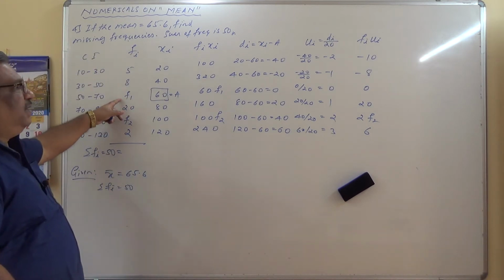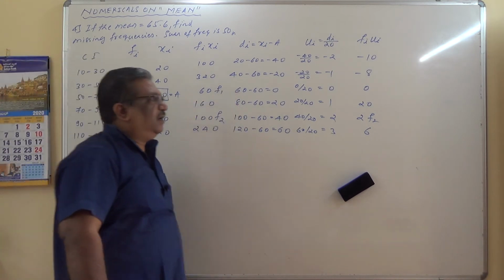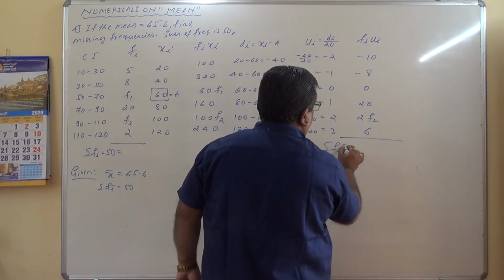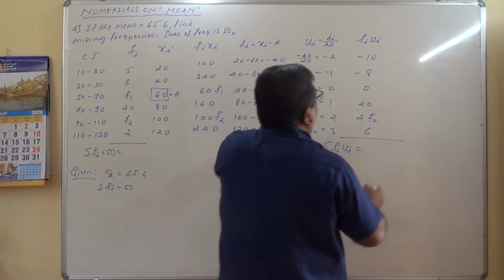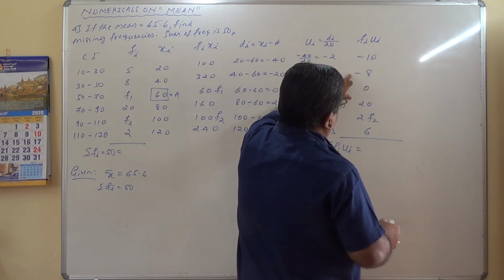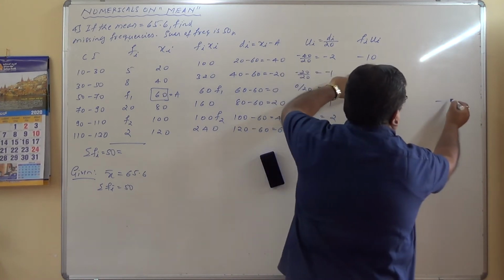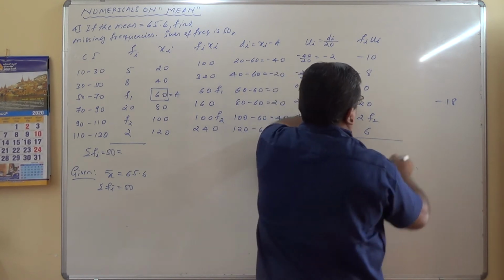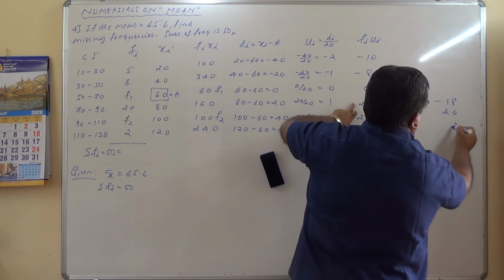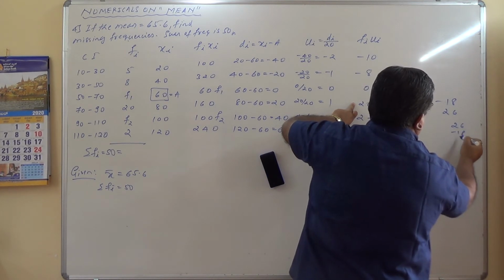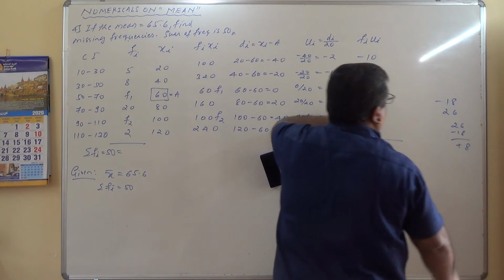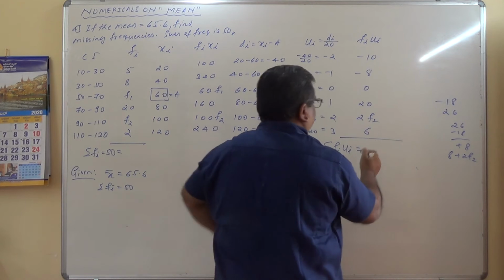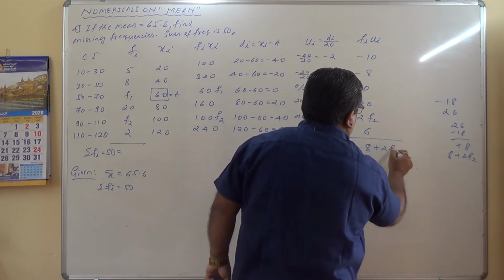One frequency already gone with 0 here, that's okay. So this is what I want. Sigma fi ui is equal to minus 10 minus 8 plus 20 plus 6, which is 26, 26 minus 18 is plus 8, so 8 plus 2 f2. Therefore this is 8 plus 2 f2.